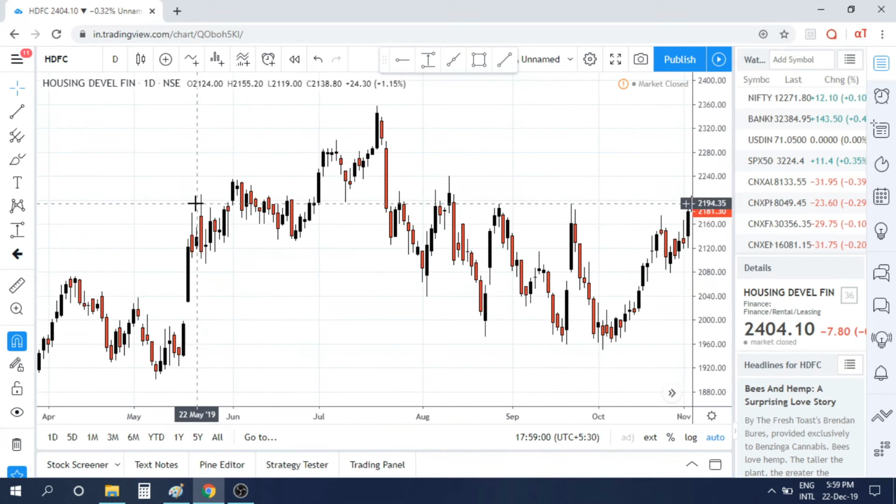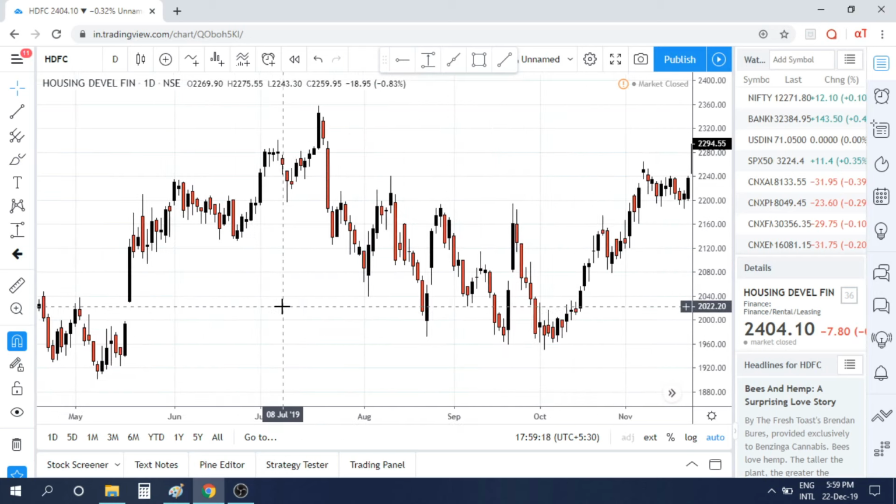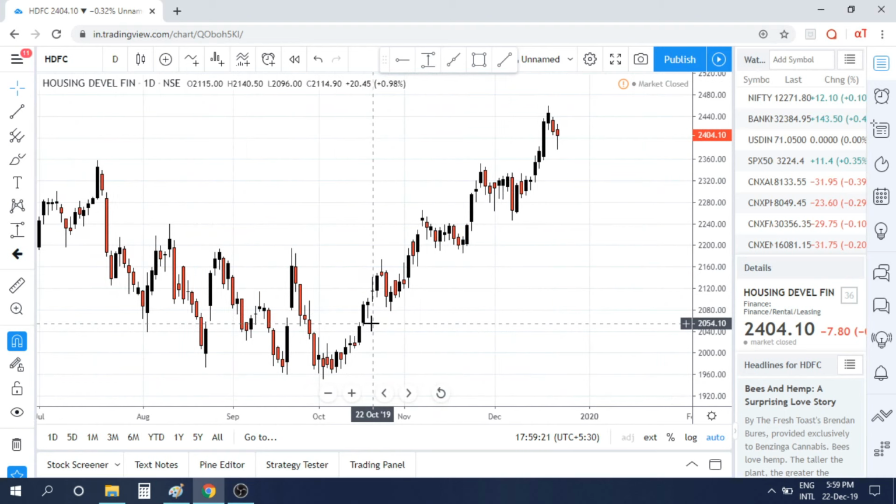Attached along with this flip zone concept are other important concepts which we'll cover in future. For now, just be aware that this kind of phenomenon happens in the market, and I'm sure you must have observed it as well. If not, go back to the charts, open your own chart terminal and witness this phenomenon.